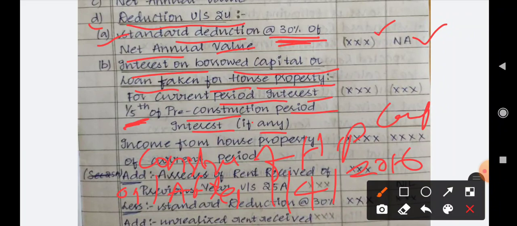If it is anything after 1/4/2016, then you will get. So please remember this point.